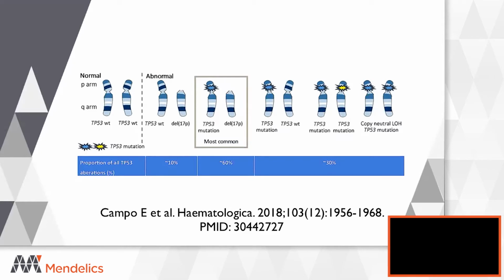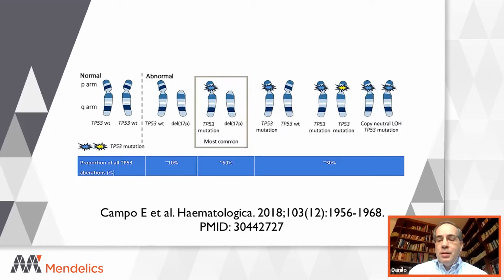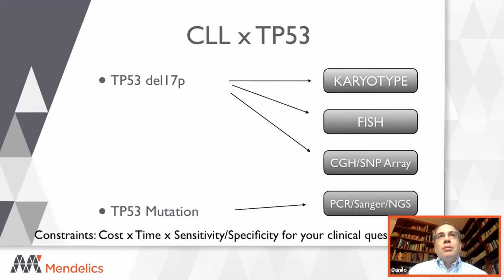So if I want to find a marker for this disease, I need to use different methods. To find deletion 17, I can use karyotype, FISH, or CGH. And if I want to find mutations of TP53, I would do some kind of PCR or Sanger sequencing, or even NGS sequencing.